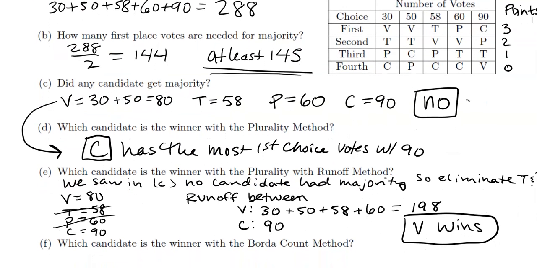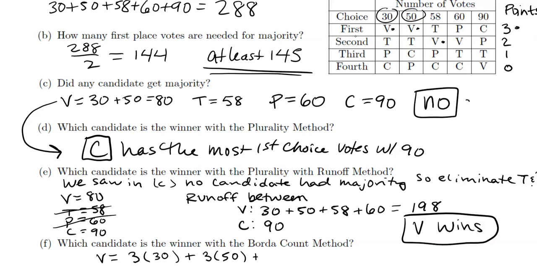We can start off with, say, V and figure out how many points they get. They are in first place in the top column, which is worth 3 points, so that's 3 points times 30 votes. In the next one, they're also in first choice, so 3 points times 50 votes.